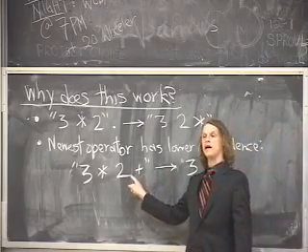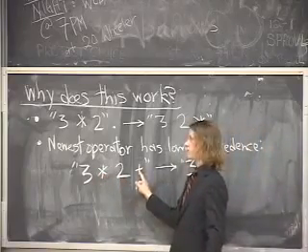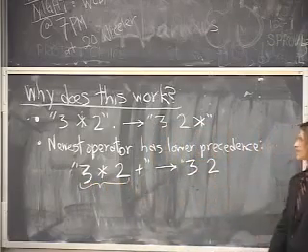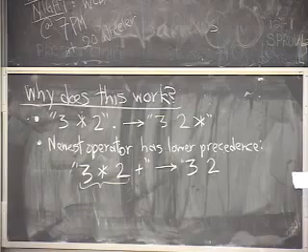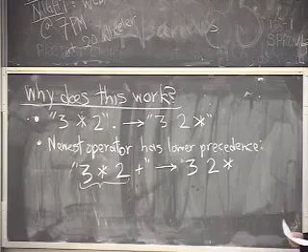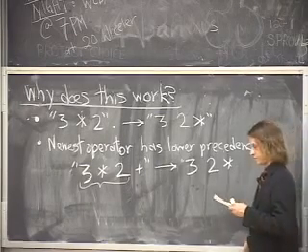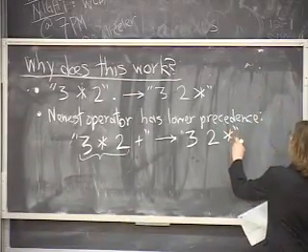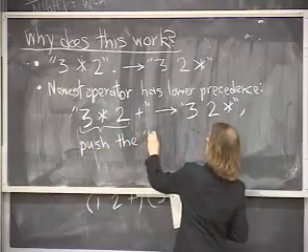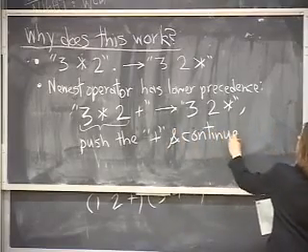As soon as you see this plus, you know that this times is going to bind more tightly than the plus. You know that we are going to add 3 times 2 to something else, because that's the precedence rules we use as humans. So that means that the times can be output immediately, and the plus goes on the stack after we pop off the times. And so once we've written this out, we push the plus and continue to read the rest of the string.